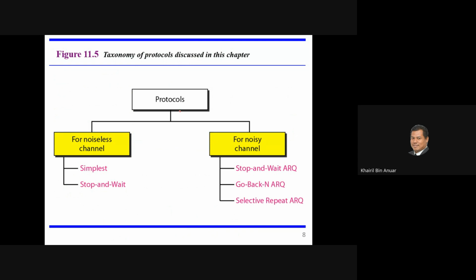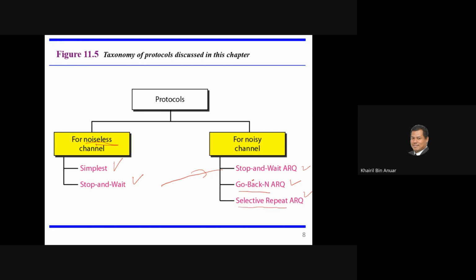For this error correction and detection, you have two different channels. You have the noiseless channel, where you have the simplest protocol and stop and wait, and you also have a noisy channel, where you have a few options. One is based on stop and wait ARQ, but then you have go back N and selective repeat.